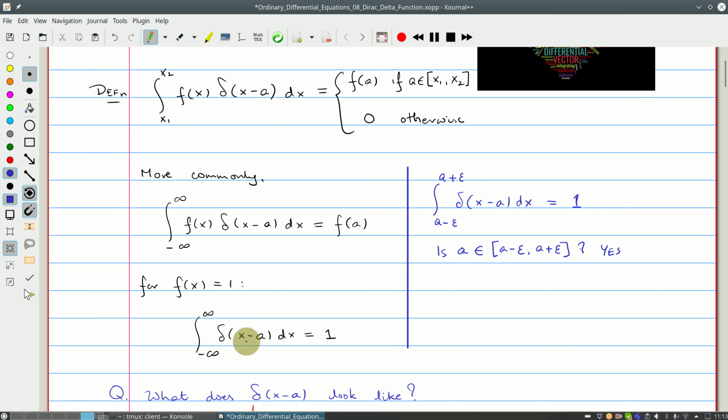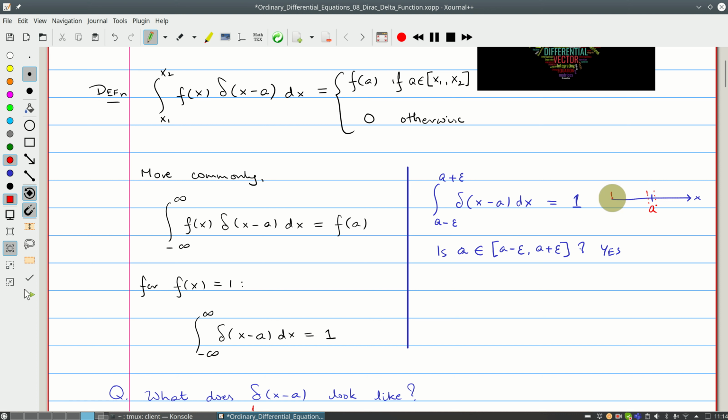So this thing is a very peculiar function. This is the x-axis, this is point a. I can integrate as close to a as I want, and I will get a 1 from the Dirac delta.